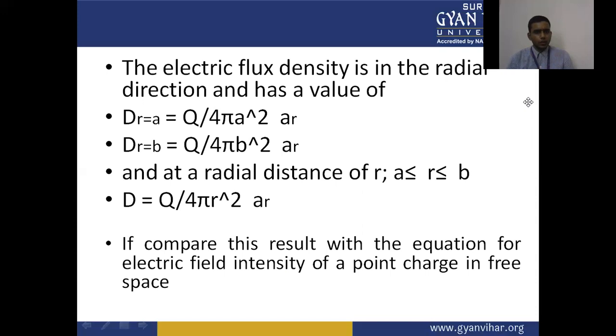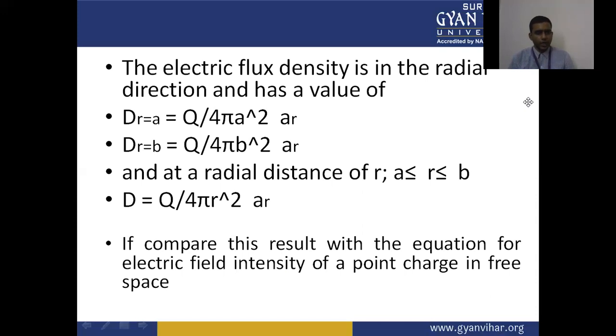At r equal to b, D is equal to Q upon 4 pi b square in the direction of a_r, and at a radial distance r, where r is less than or equal to b and greater than or equal to a.